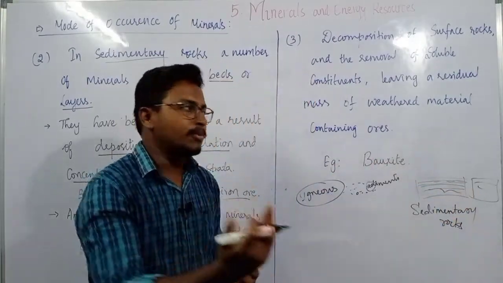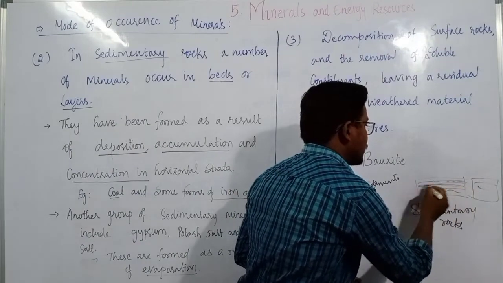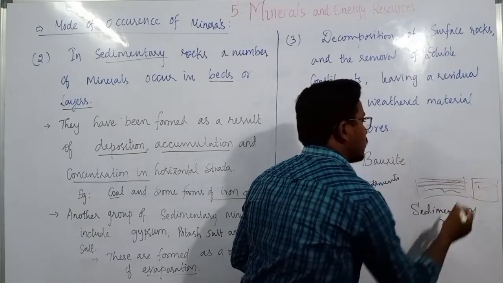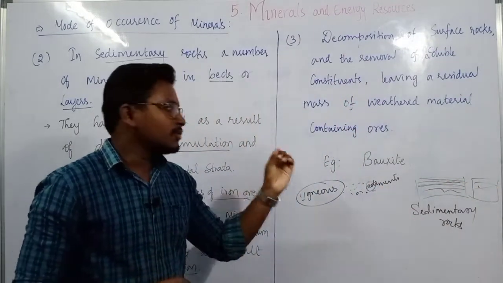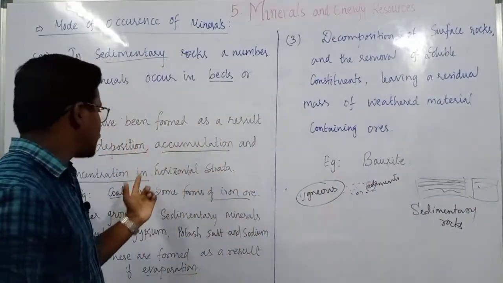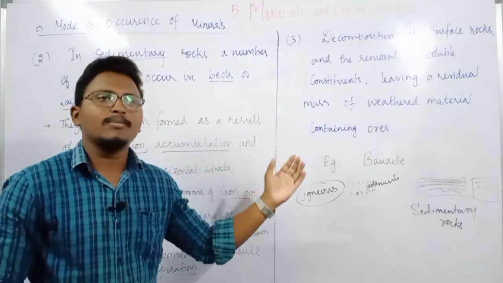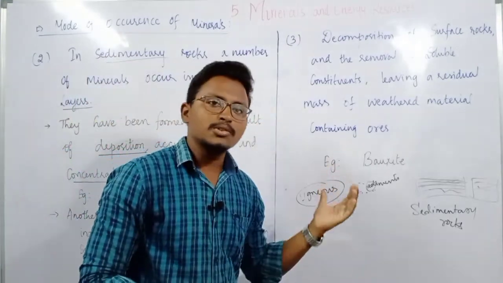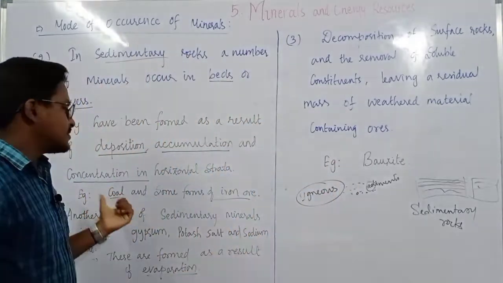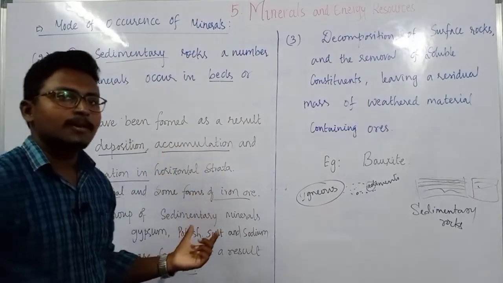They will be deposited in horizontal layers or horizontal beds. So during this process of deposition and accumulation, minerals can form, mainly coal and some forms of iron ore.